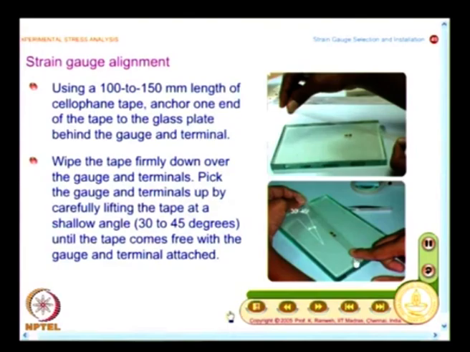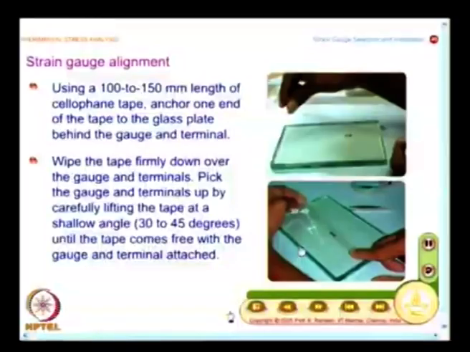And when you place it on this, and when you want to lift it, you need to lift it at a shallow angle of 30 to 45 degrees. Why do you do this? See, you are handling a cellophane tape which is plastic, and it is easy for you to stretch it, and you have a metal film attached, and the metal film also will get stretched.